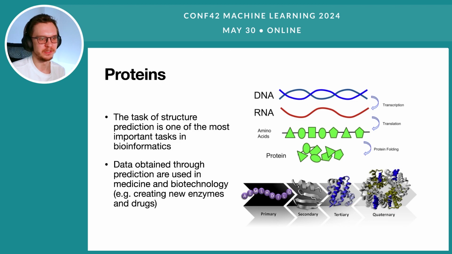It's much easier to obtain the amino acid sequence, but to run some experiments on computers with the actual 3D structure, we need to first obtain it. And we may use this information about the structure to try to understand the protein function, to try to understand how we can modify the protein, and what use cases there are for that particular protein.